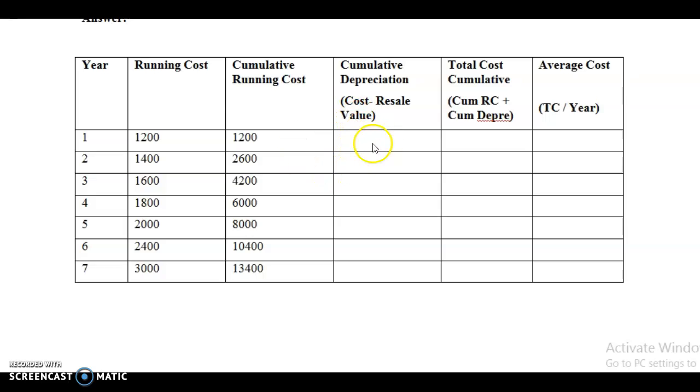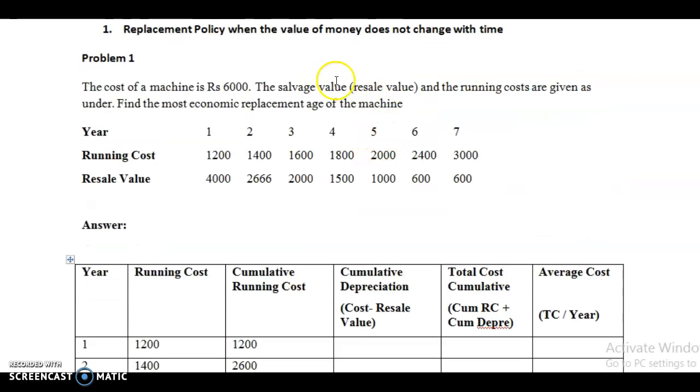Next is cumulative depreciation. How to find the depreciation? Depreciation is found by the difference between cost and resale value, or the equation is cost minus resale value. In this problem, the cost of the machine is 6,000.